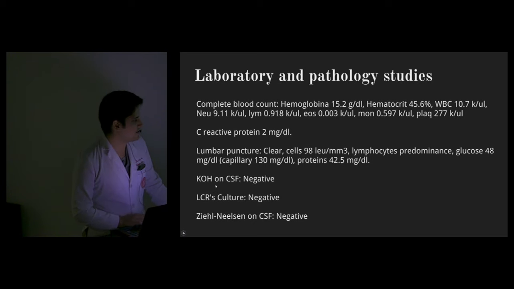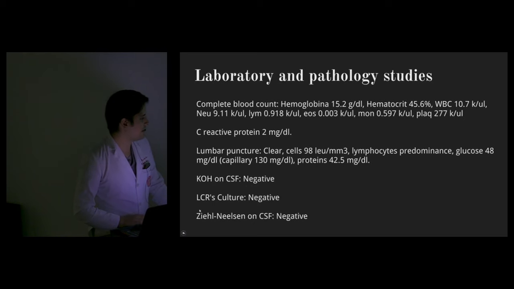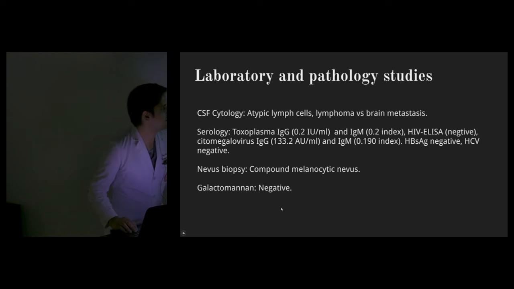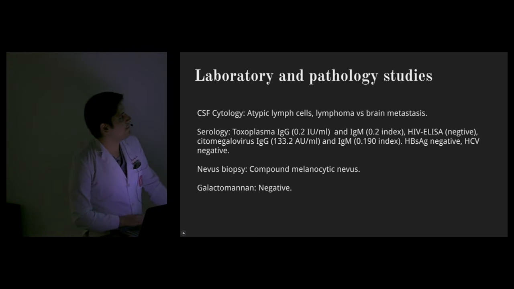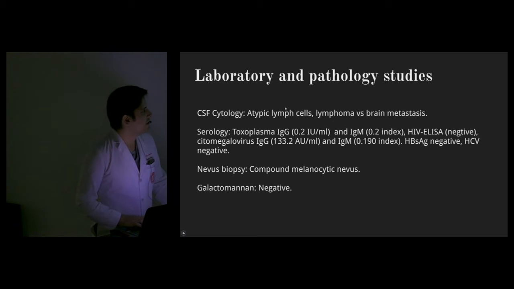The KOH on the cerebrospinal fluid was negative. The culture was negative, and the Ziehl-Neelsen also was negative on the CSF. But the cytology showed atypical lymph cells that were compatible with lymphoma versus brain metastasis.